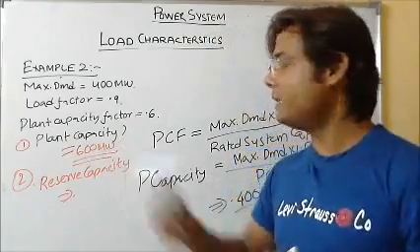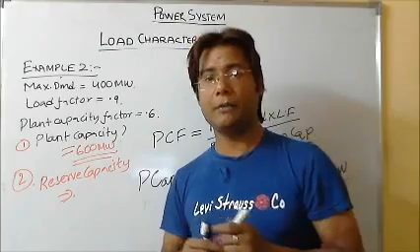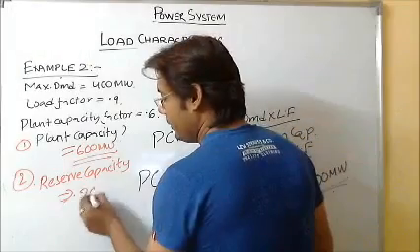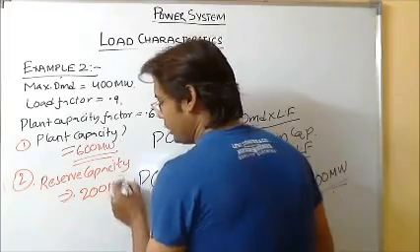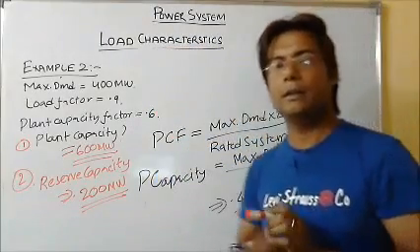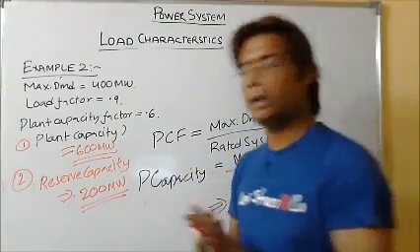Here the plant capacity is 600 megawatts and the maximum demand is 400 megawatts. So here the reserve capacity would be 200 megawatts. Likewise we can solve different types of questions in load characteristics.